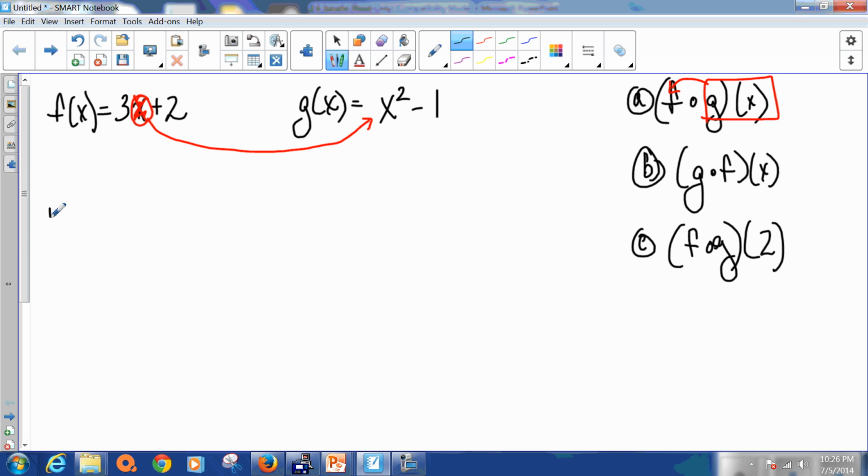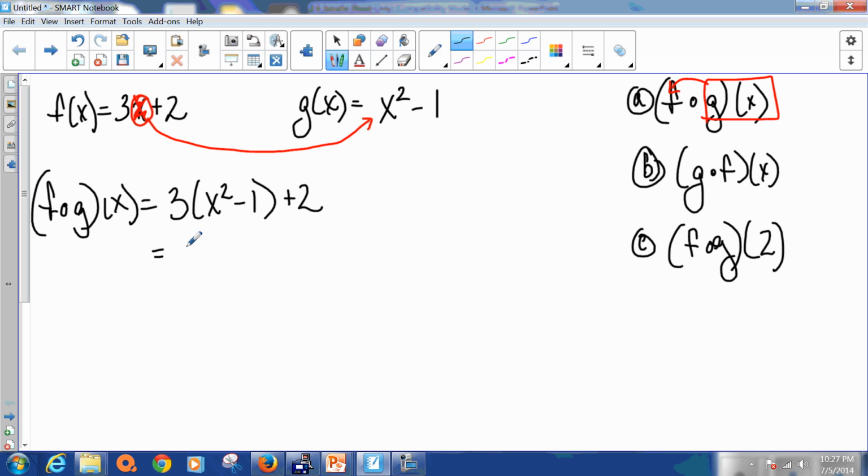So f of g of x is, instead of 3 times x, 3 times x squared minus 1. Then I'll clean that up by distributing and combining like terms. So f of g of x is 3x squared minus 1.